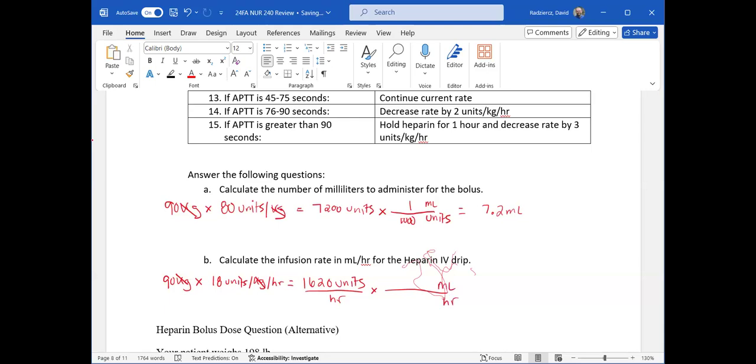Milliliters and then units. My available was 25,000 units in 250 milliliters, half normal saline. And then I get 16.2 milliliters per hour.